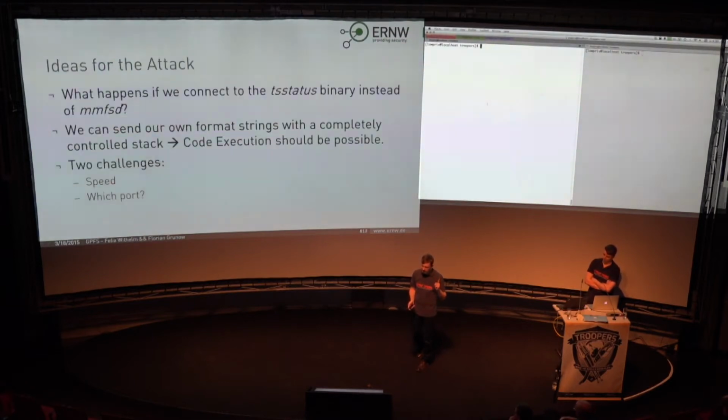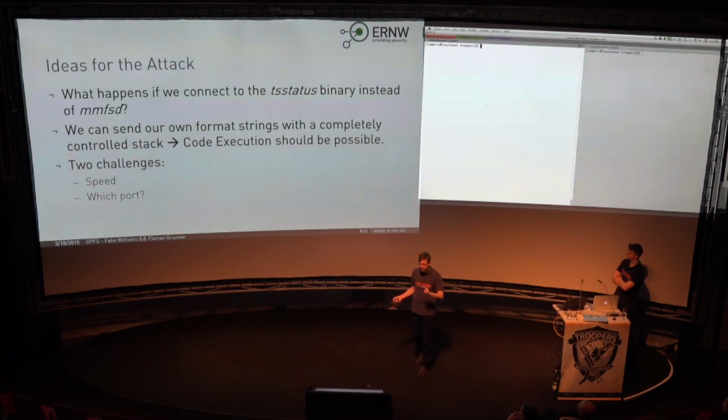With this knowledge, we now know that we, as the attacker, may be able to pass our input and our stack to the binary. So we could send our own format string with a completely controlled stack over the network, and therefore code execution should be possible, because we're in full control of the stack and the format string vulnerability.